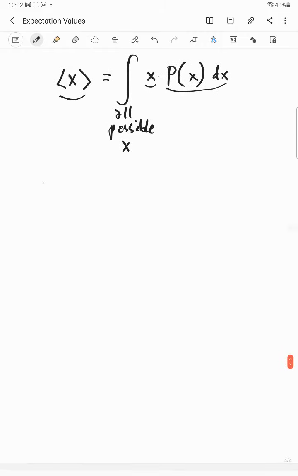So if we want to use this in quantum mechanics, we could ask, what's the average value of the position of a particle that you would measure when you do an experiment? In our particular case, all the possible x values are from negative infinity to infinity.